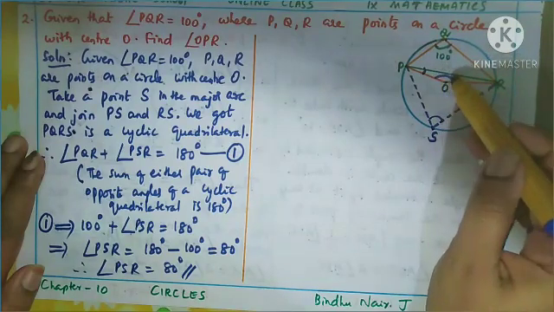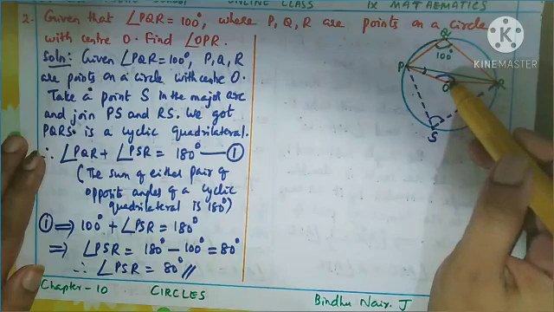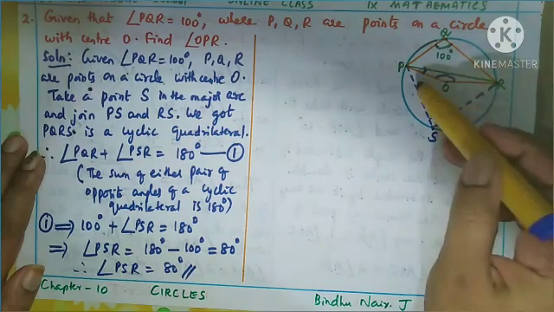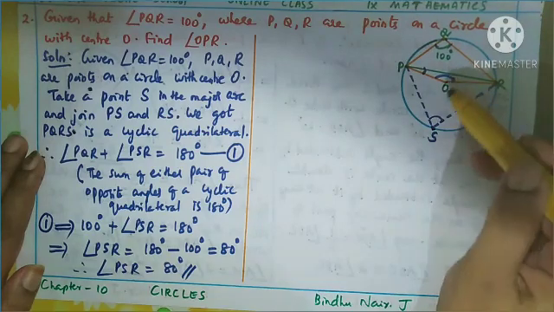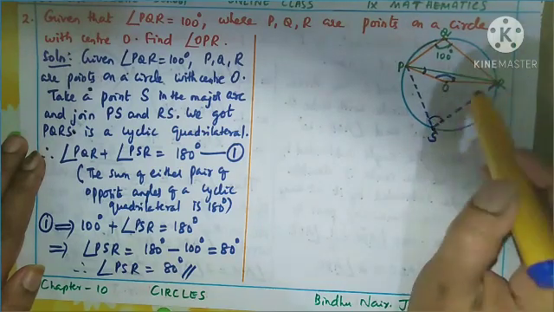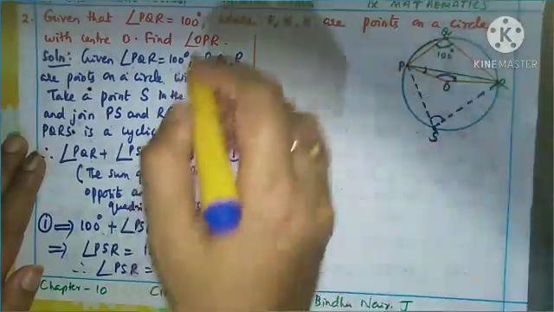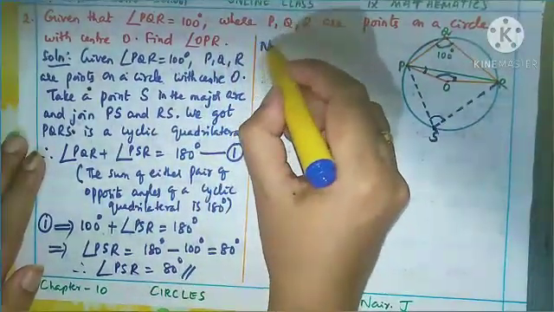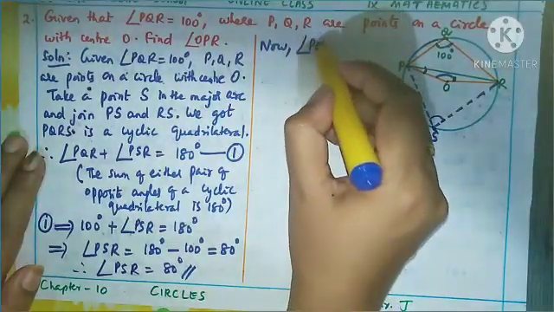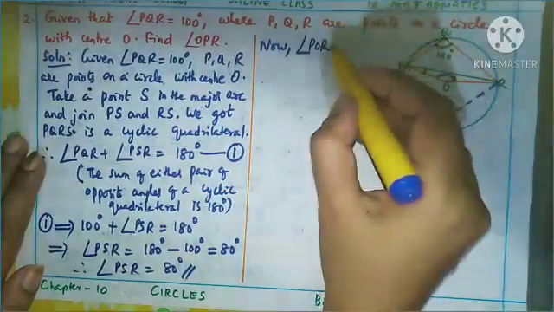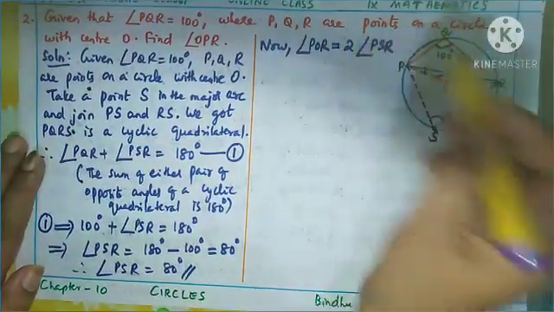This angle will be double the angle formed at the remaining part, that is angle PSR, by our first theorem. So we are going to write that angle POR, the center angle, is equal to twice angle PSR.